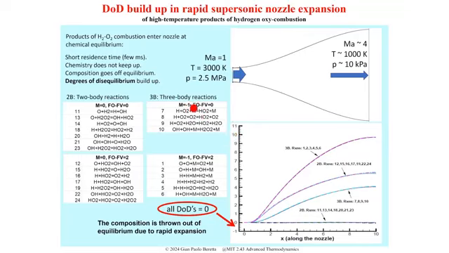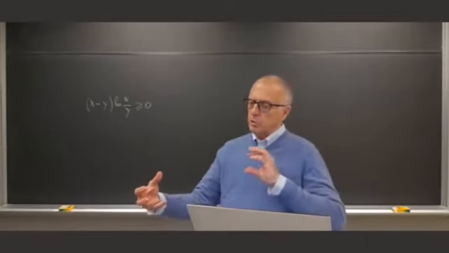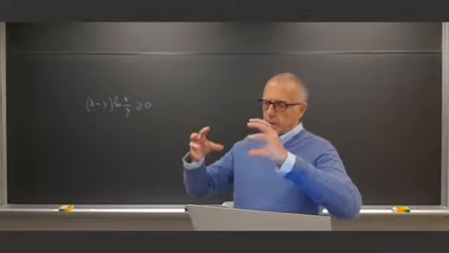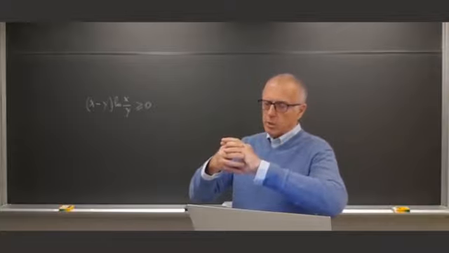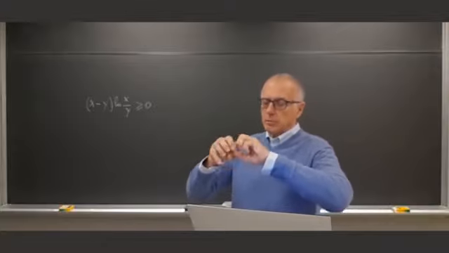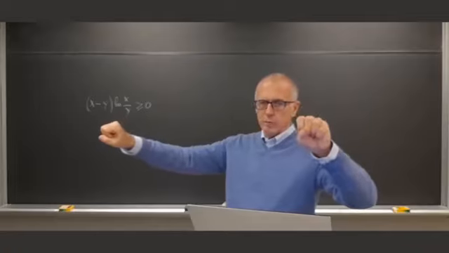That is characterized by a change in the overall molecular number, because you go from 3 to 2. So you have a collision of three particles, and after the activated complex breaks down, it produces two fragments.